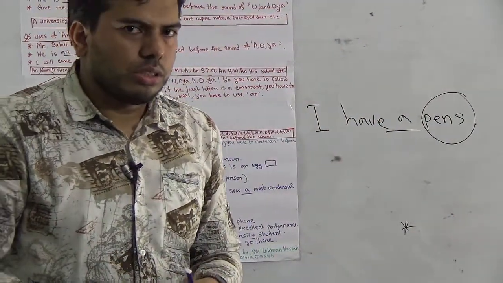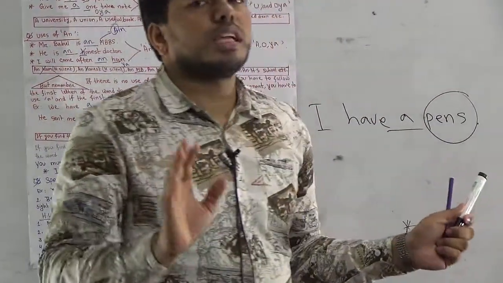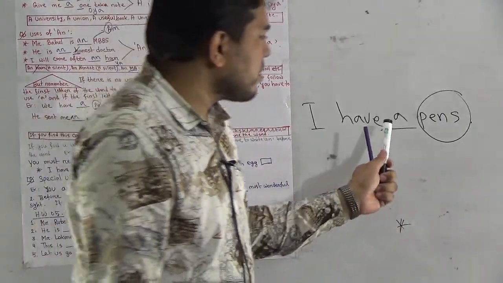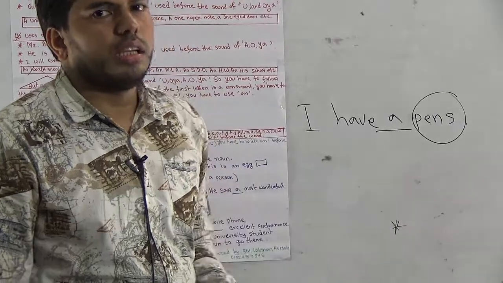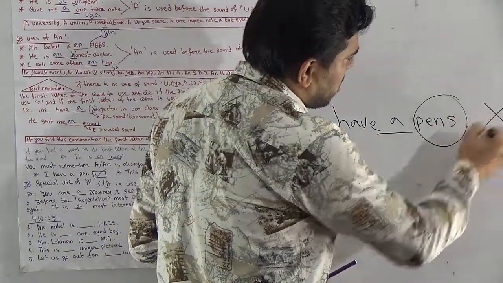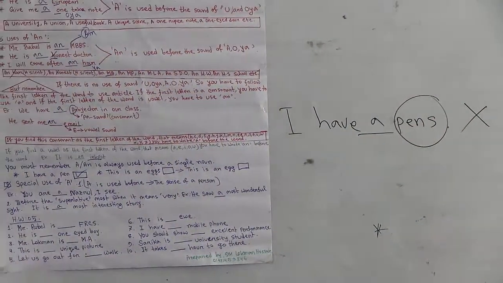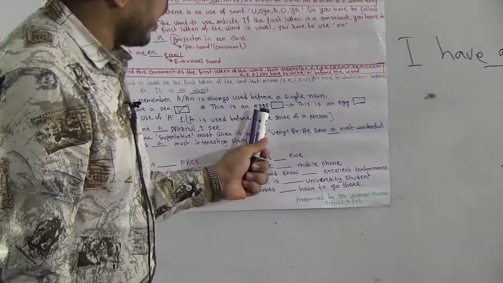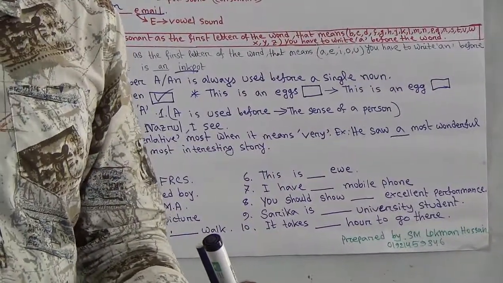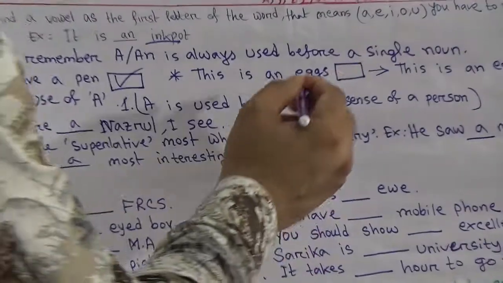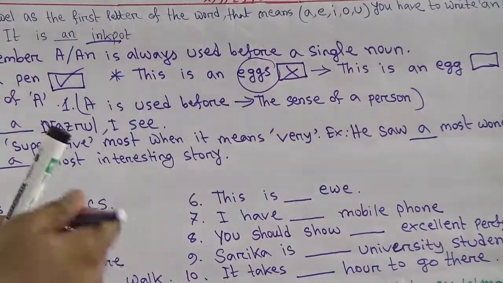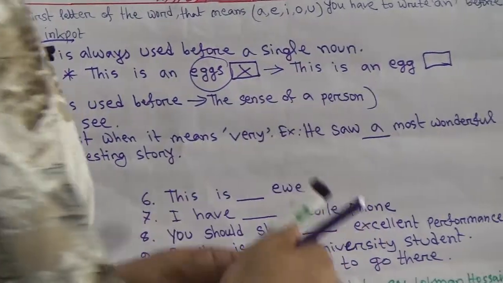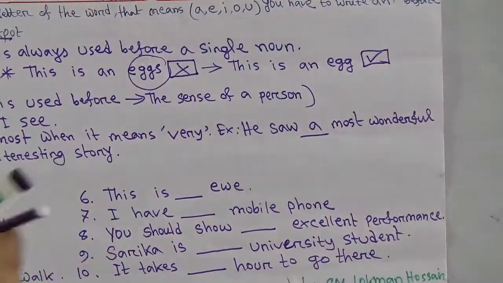We must use article before singular noun. Before singular noun we can use only article a and an. So this is our wrong sentence. Okay, next one. This is an X. Is it right? Check. No, it's not right, because this is our plural noun, so it's false. Okay, next one. This is an egg. Yes, that is matched. It's correct.